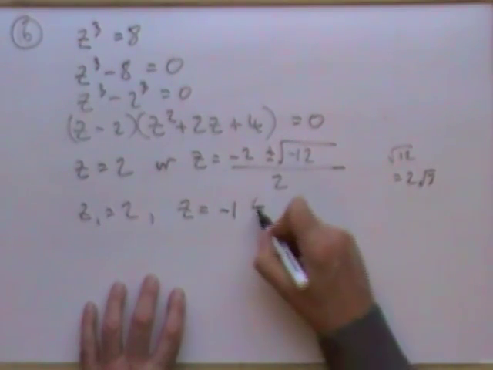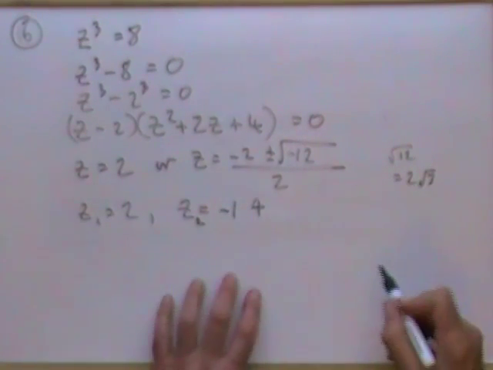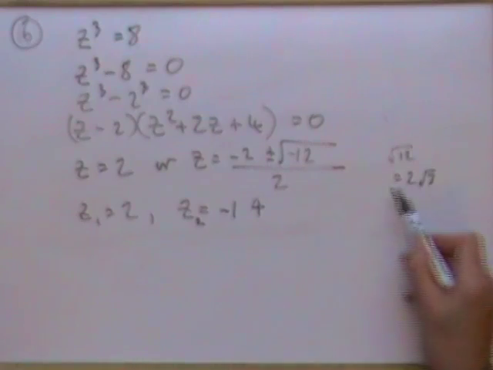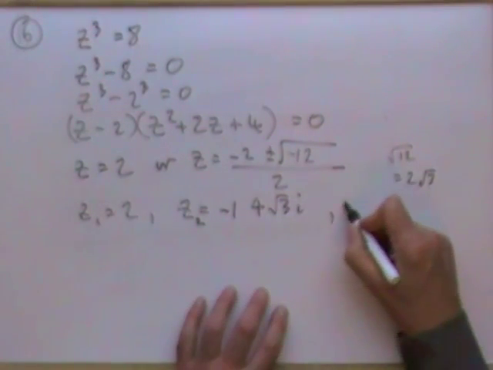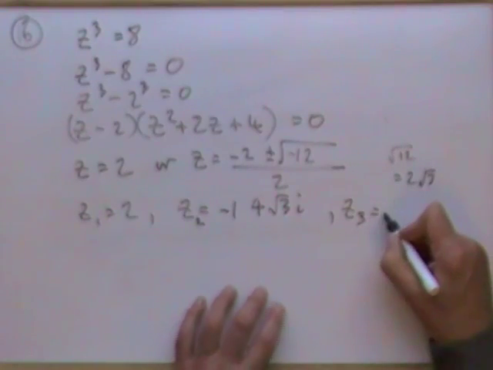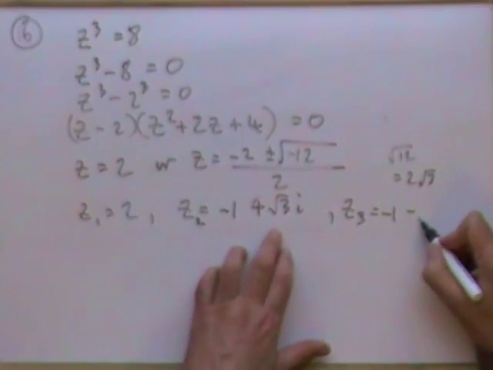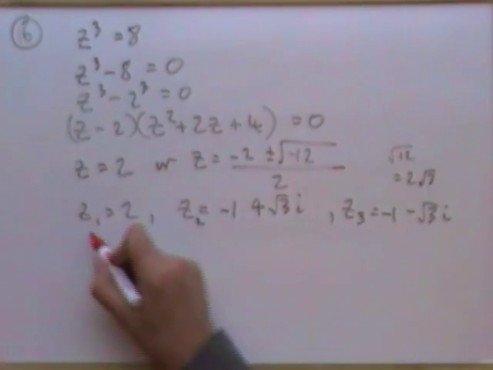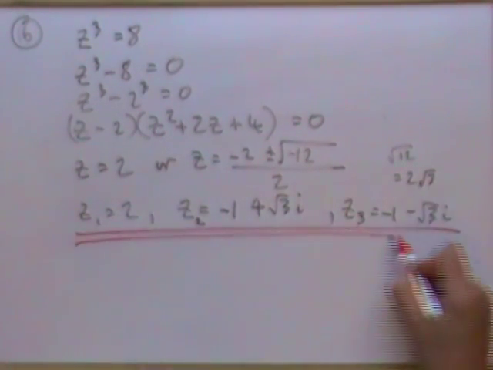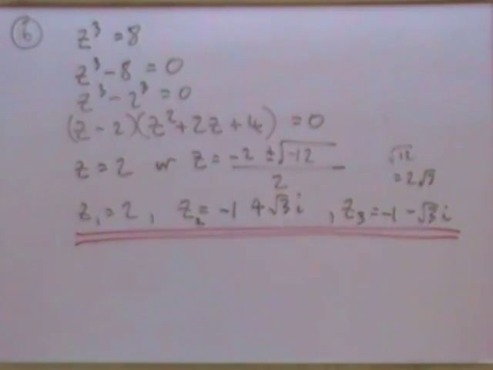I'll do the plus first of all, plus 2 root 3 i divided by 2 is root 3 i, and the other one's going to be z equals negative 1 minus, same again, root 3 i. And then you get the three answers straight away. In this case it was quite easy just to do it straight away by factorisation.